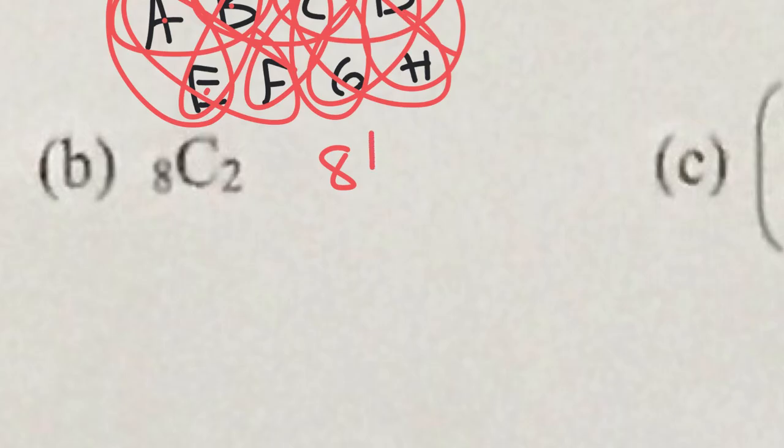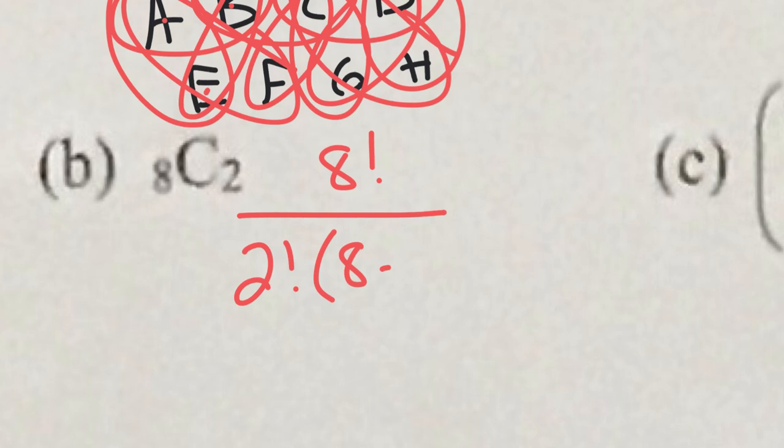So this is 8 factorial over 2 factorial times 8 minus 2 factorial. Your n value is 8. That's how many total things we have, and we're choosing them 2 at a time. So out of 8 people, we're choosing 2 to represent us.